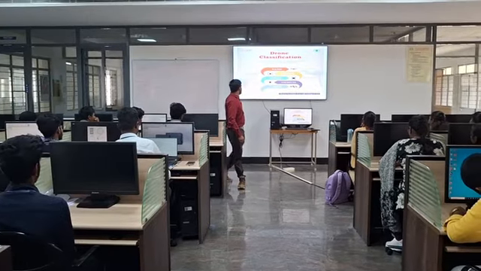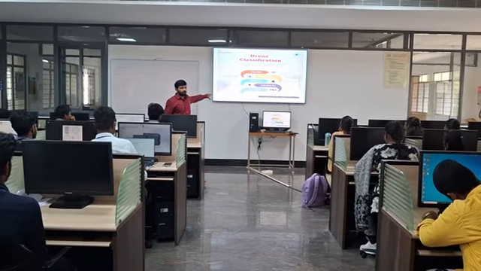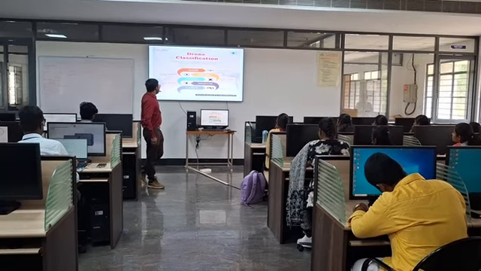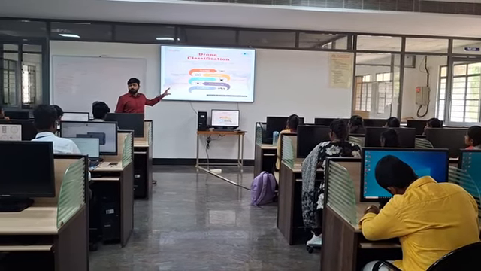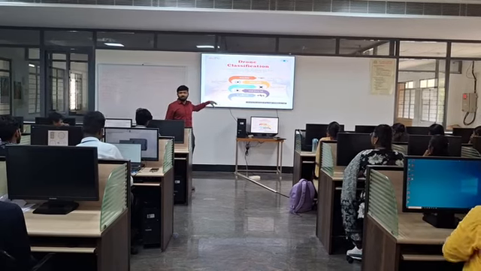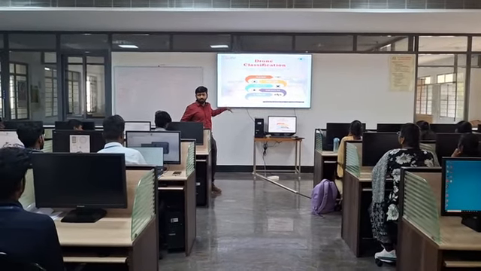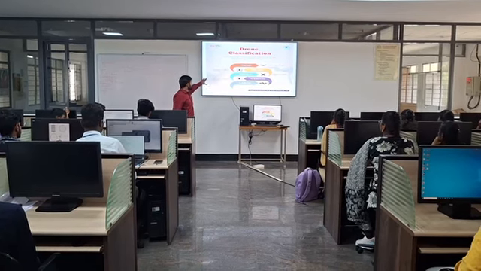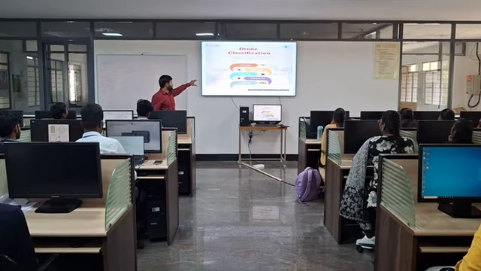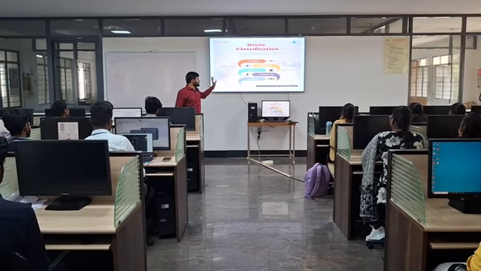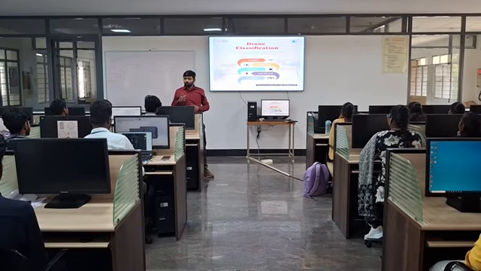Initially, these are the classifications of drones based on the DGCA. DGCA is a central authority which monitors all drones and UAVs in India. Based on the Drone Rules 2021, the categories of drone are nano, micro, small, medium, and large. This category is based on the maximum weight, including the payload.